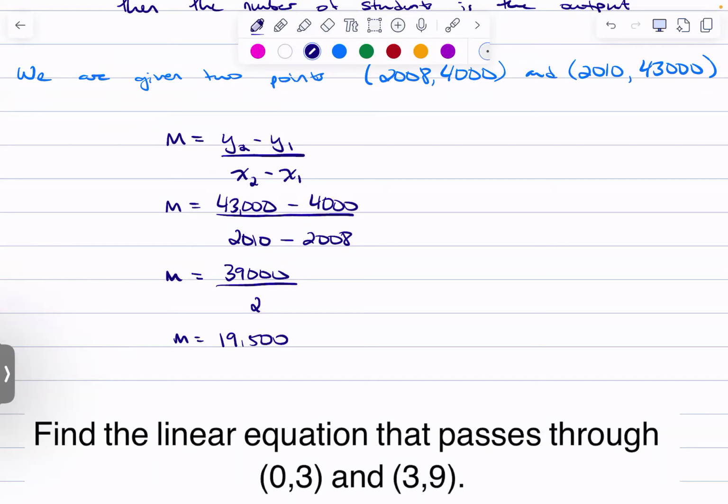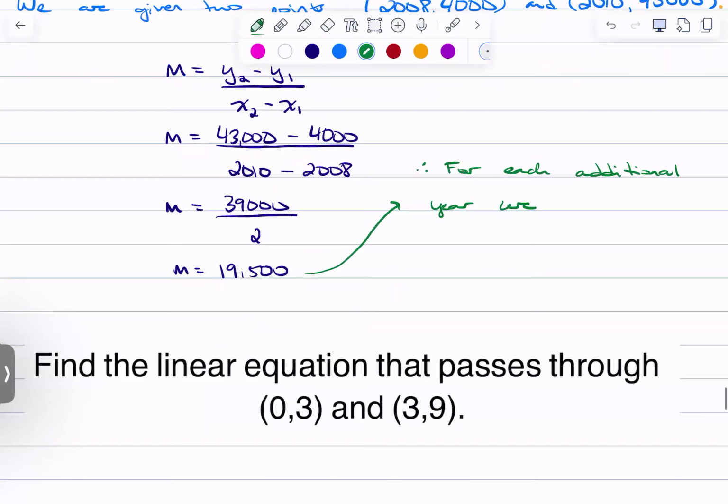How can we interpret this? For each additional year, we expect the number of students to increase by 19,500. Therefore, for each additional year, usually we say we expect, but that's more for statistics than here.